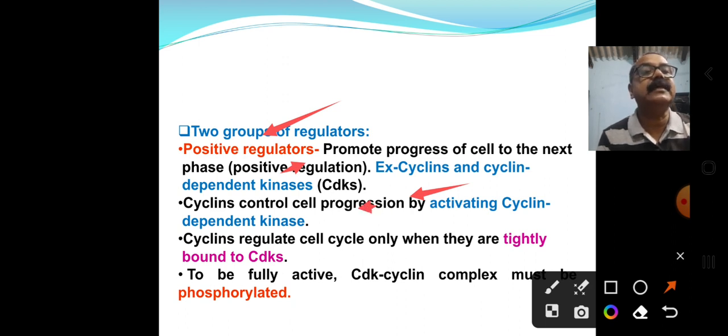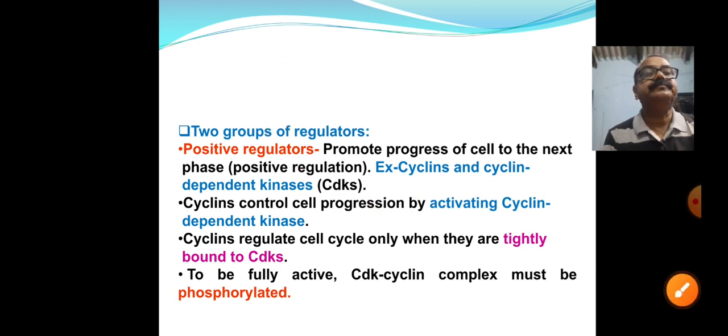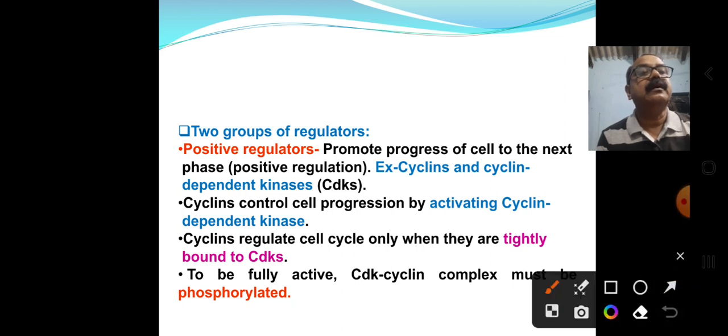Cyclins regulate cell cycle only when they are tightly bound to cyclin dependent kinases. To be fully active, the cyclin dependent kinase and cyclin complex must be phosphorylated.